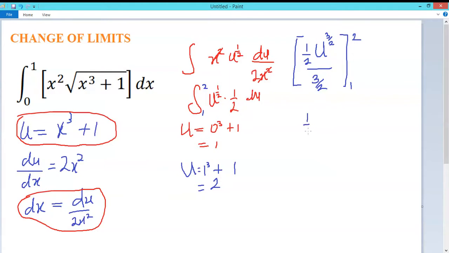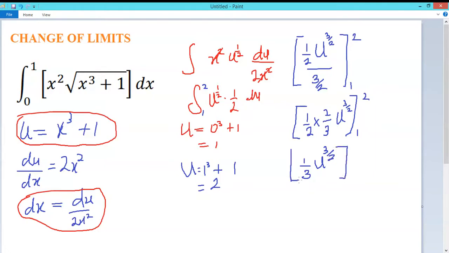We simplify this expression by reciprocating the denominator and multiplying. U raised to the power 3 over 2. Upper and lower limits should be written beside the square brackets. We have 1/3 u raised to the power 3 over 2. We have finished our simplification.